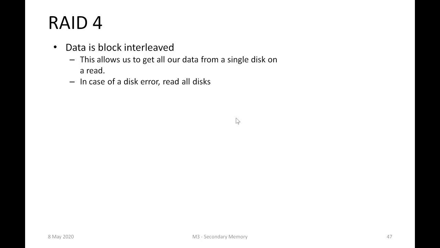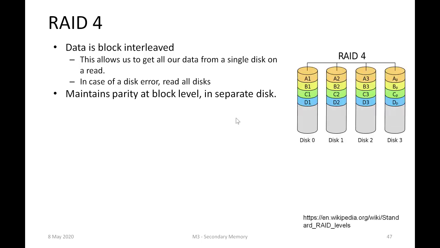Now, in case we have any error in the disk read, then we would read all the disks and check the parity. The parity is maintained at block level in a separate disk. So in this figure we have 4 disks, 0, 1, 2, 3. 0, 1, 2 will be storing the actual data, and the fourth disk will be storing the parity at block level.